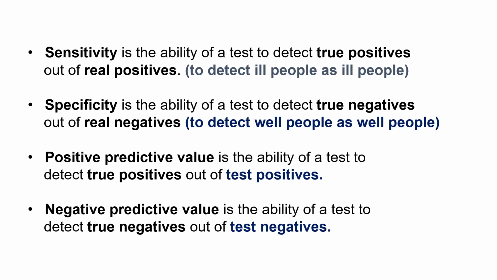Sensitivity is the ability of a test to detect true positives out of real positives. That means there are people with disease in the population, and sensitivity is the ability of this test to detect those people.